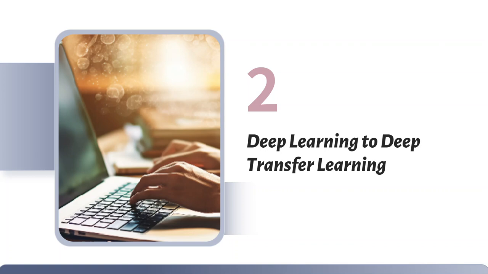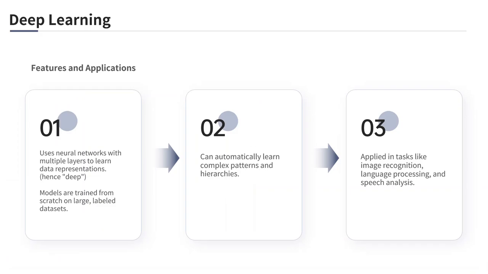to deep transfer learning. So there's features and applications for deep learning. It uses neural networks with multiple layers to learn data representation, hence the term deep. These networks can automatically learn complex patterns and hierarchies within data, and it just makes them so powerful for tasks like image recognition, language processing, and speech analysis.